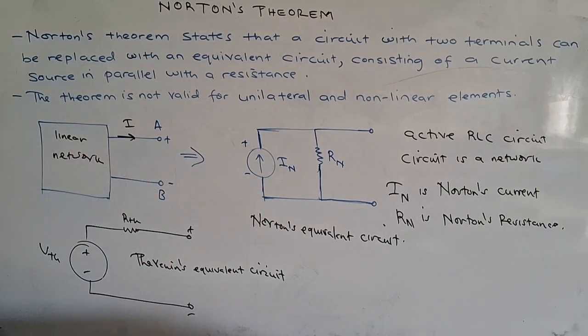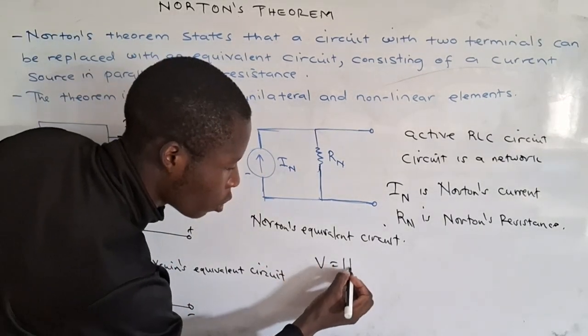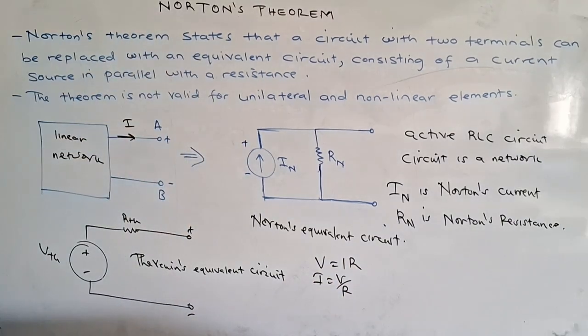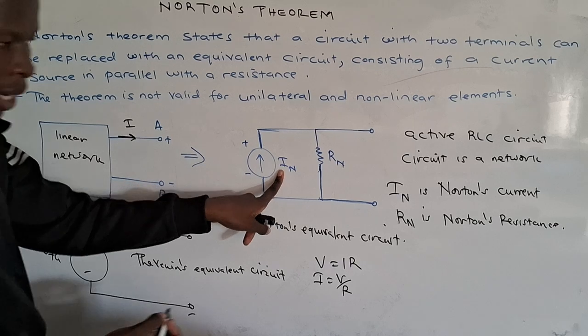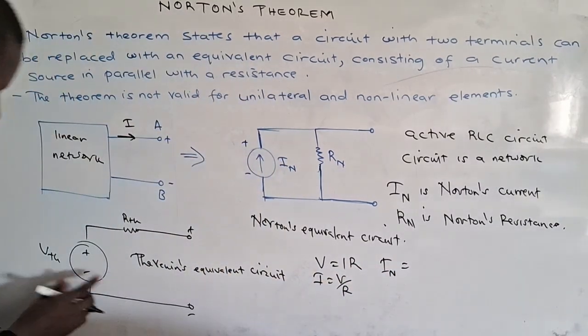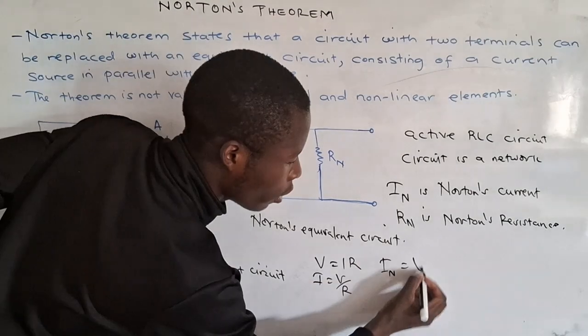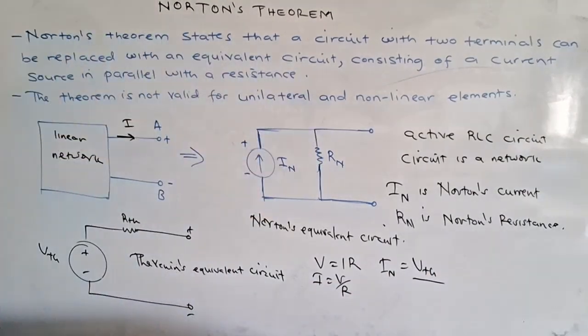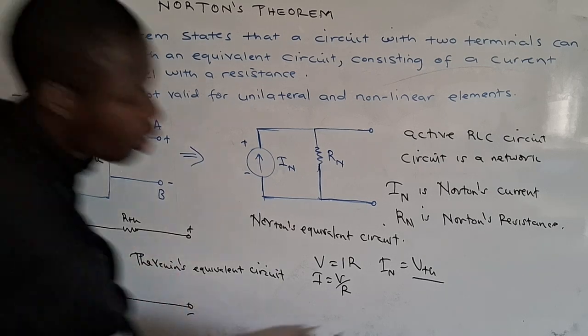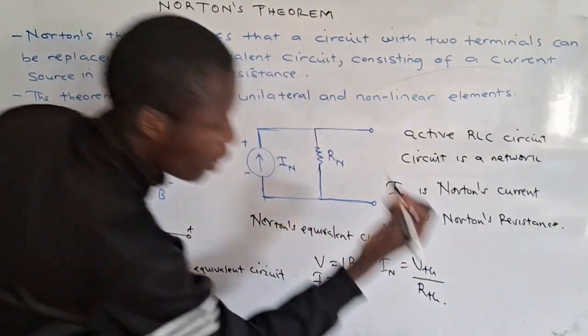Easy. See, V is equal to IR. I is equal to V by R. You want to calculate the Norton's current now. So IN is equal to VTH, Thevenin's voltage, divided by the resistance, which is RTH.